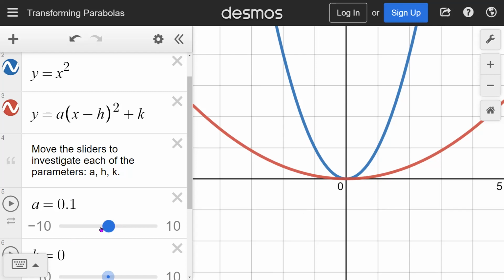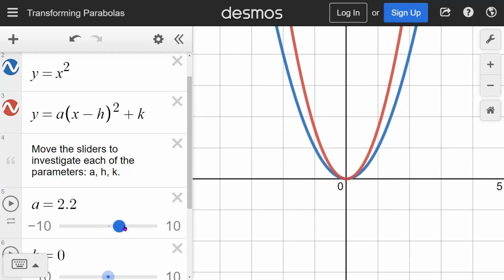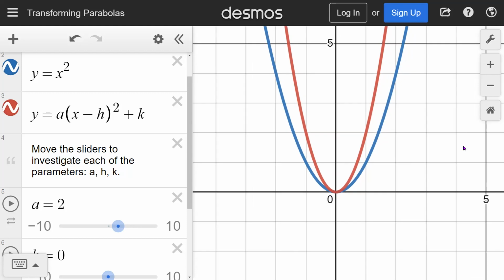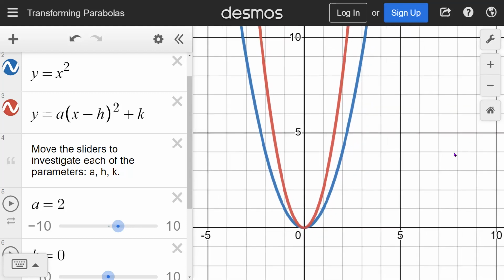But if I'm at greater than 1, so let's say I'm at a 2, if I go out 1, 1 squared is 1, times that by 2, is 2. If I go out 2, 2 squared is 4, times that by my stretch of 2, that's going to be an 8. So here's 5, 6, 7, 8. That's how we can graph a basic parabola.